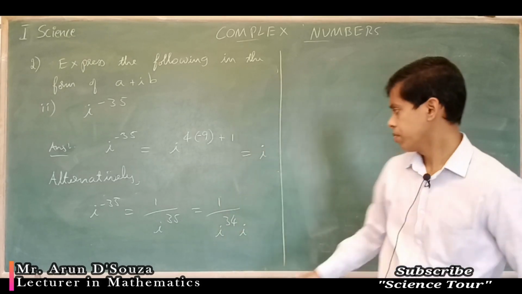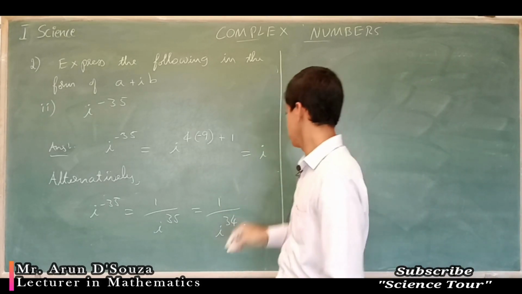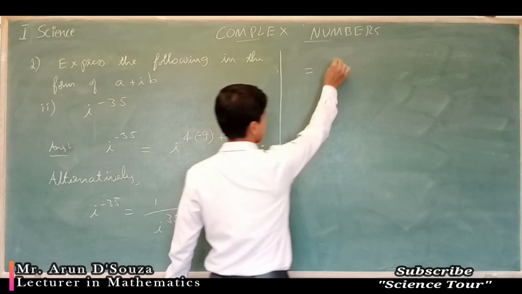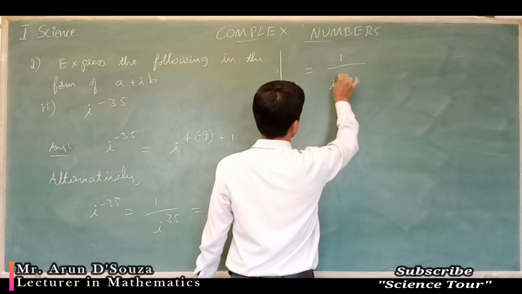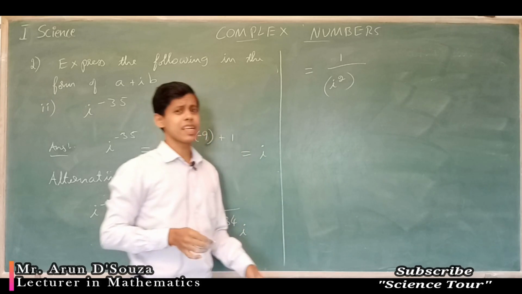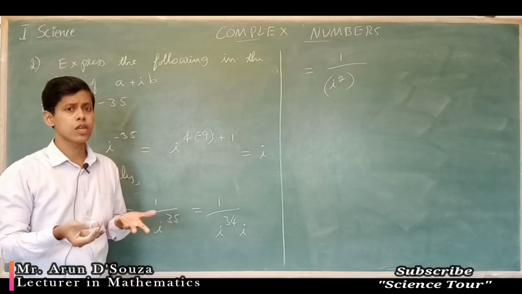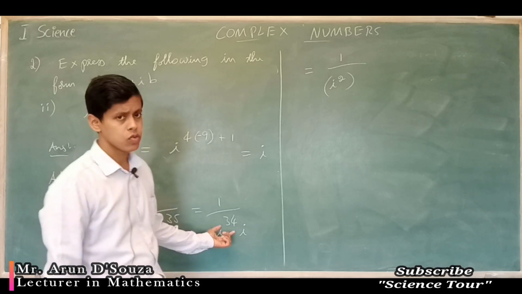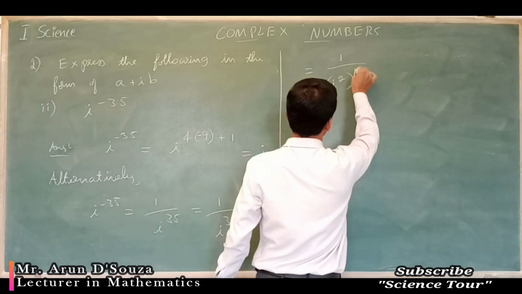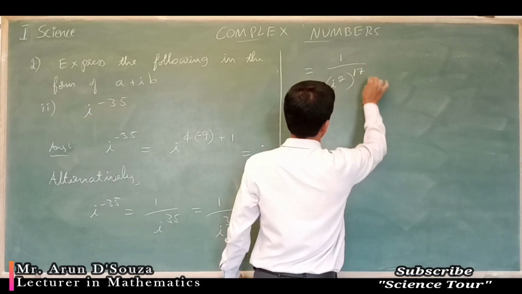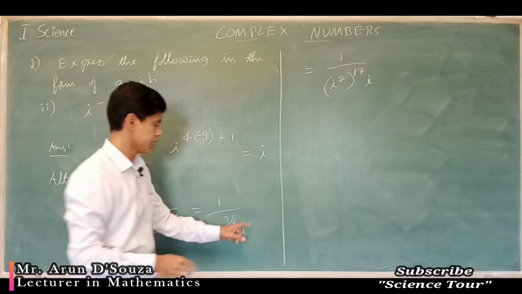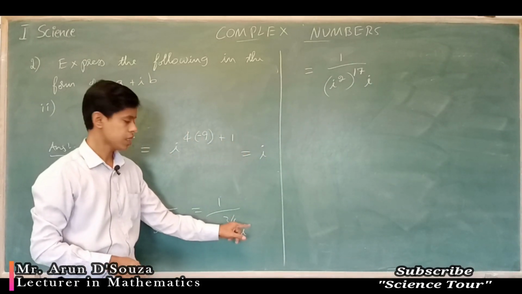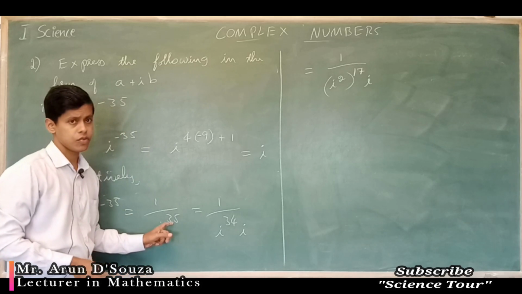The next thing, 1 by i square... See why I am writing i square? Because i square is minus 1. That is a well-known formula. So i square, and how much is remaining here? 17. And then i raised to 1. Correct? So 34 plus 1 is 35.